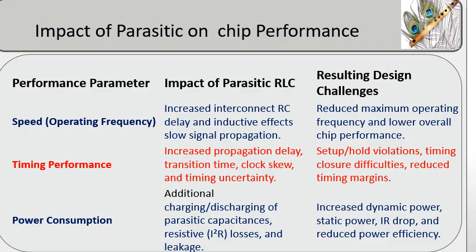The charging and discharging of parasitic capacitances increase dynamic power consumption, while resistive losses contribute to IR drop and self-heating. Parasitic inductance introduces supply noise, ground bounce, ringing, and clock jitter, degrading signal integrity. As technology continues to scale, controlling these parasitic effects has become essential for achieving high performance, low power consumption, and reliable chip operation.